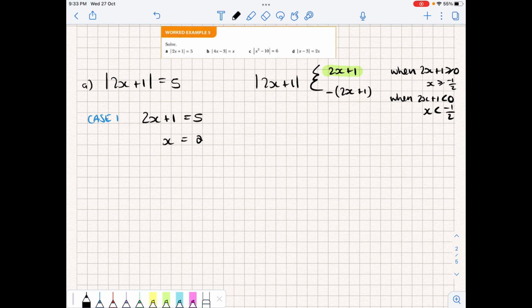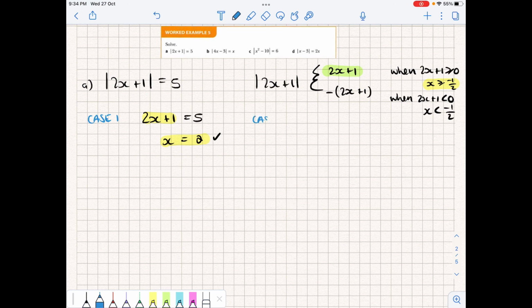Now, what we need to do is check our solution, x equal to 2. We need to check that it's within the range that we're allowed for this positive solution. So when 2x plus 1 is positive, x needs to be greater than minus 1 half. And x equal to 2 is greater than that, and so this is a valid solution.